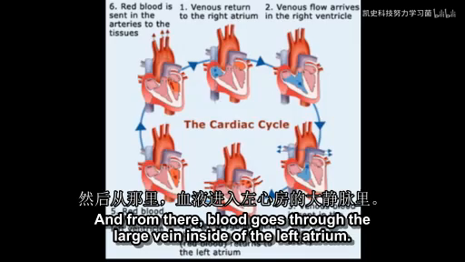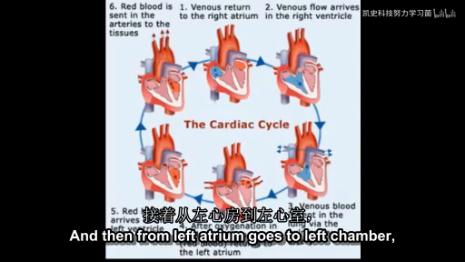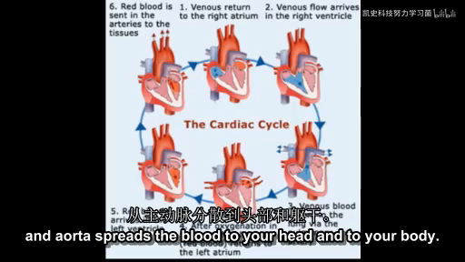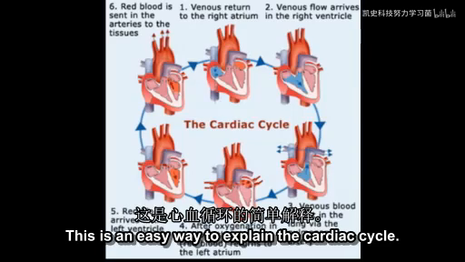From there blood goes through the lung veins inside of the left atrium, then from the left atrium to the left chamber, and from the left chamber to the aorta. The aorta spreads the blood to your head and to your body. This is the cardiac cycle explained in an easy way.